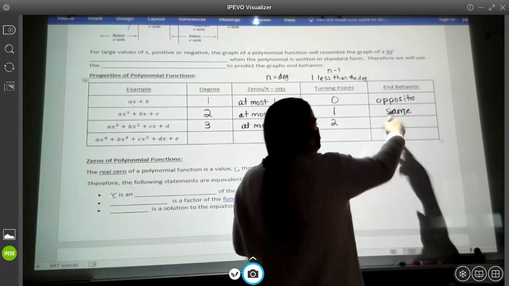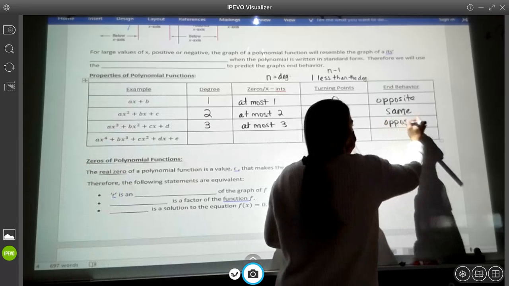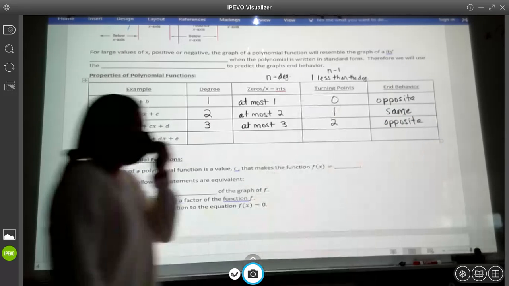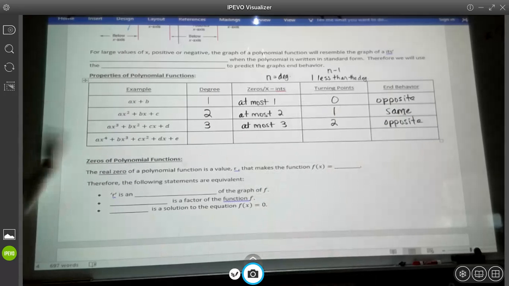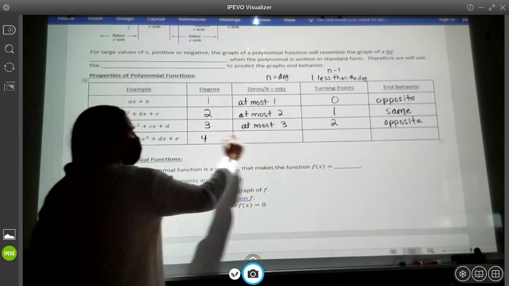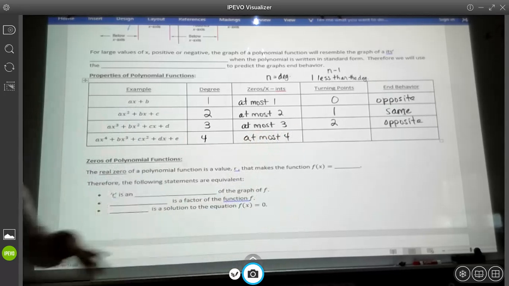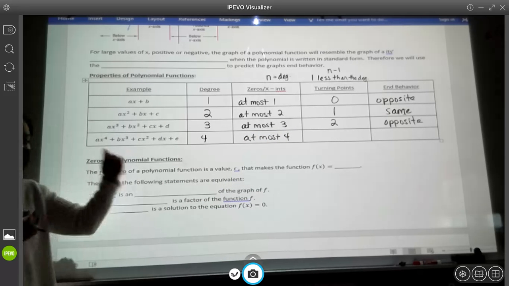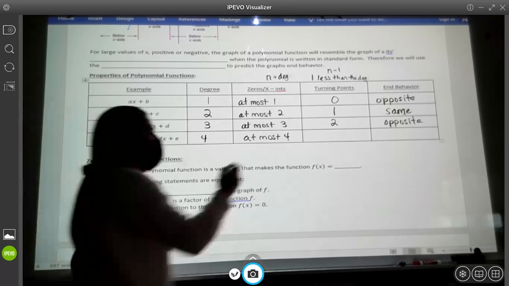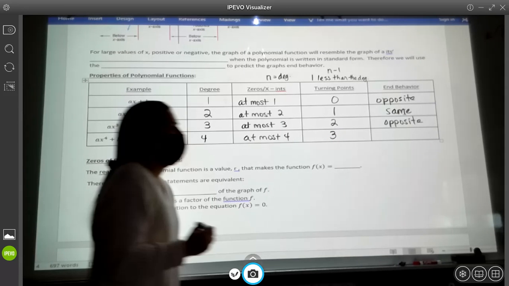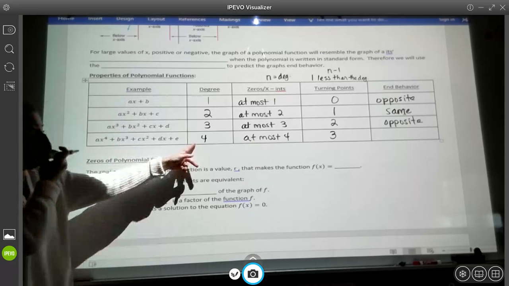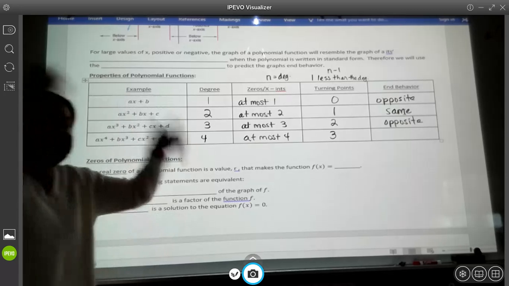Since it's odd, it should have opposite end behavior, 1 up and 1 down. Again, a degree 4 can have at most 4 x-intercepts, and it can turn at most 4 minus 1, 3 times. The end behavior of an even degree polynomial should be the same, both up or both down.